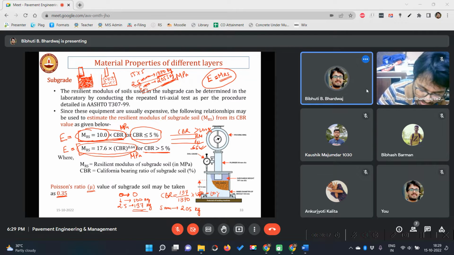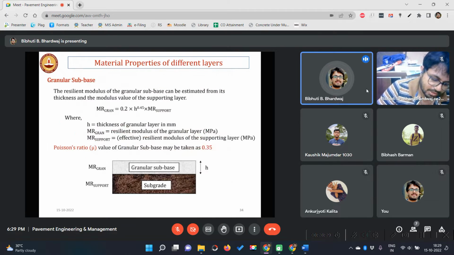You simply collect the CBR value and use this formula and you will get E3, the modulus of elasticity of this material, and mu3 is directly suggested, so we should take it as 0.35. Okay, now let's move to the next layer. Now here, as we know, we had different types.